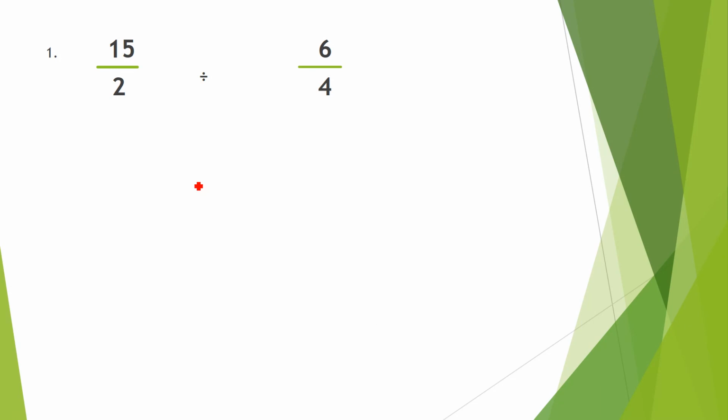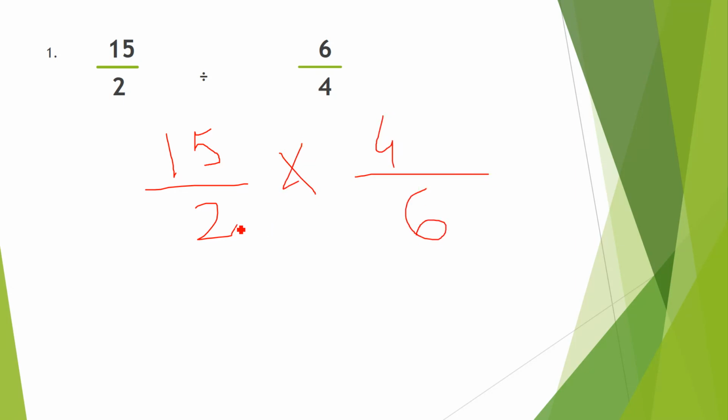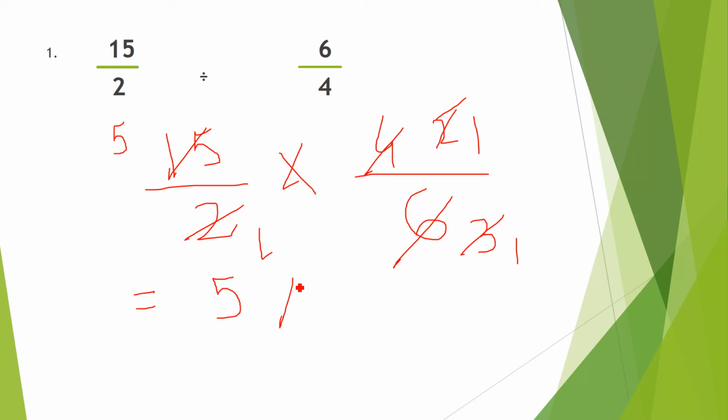Here I will show you one more question. 15 over 2, and here you can change its position. 2 one time 2, 2 two times 4, 3 two times 6, 3 one time 3, 3 five times 15. So we have 5 in the numerator and 1 in the denominator. So you can write down 5 as the answer. If you have 1 in the denominator, you can write down only the numerator.